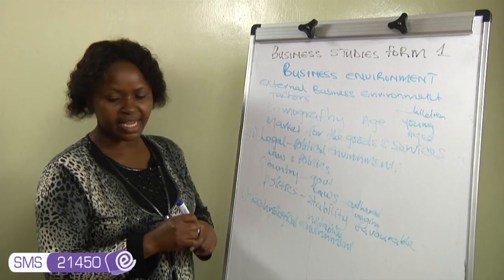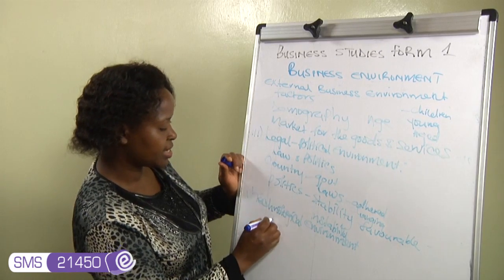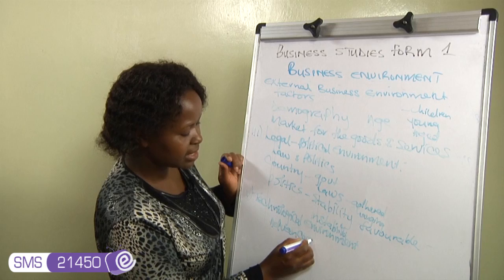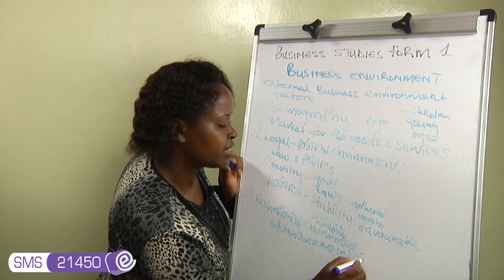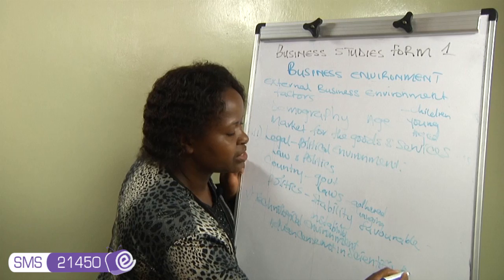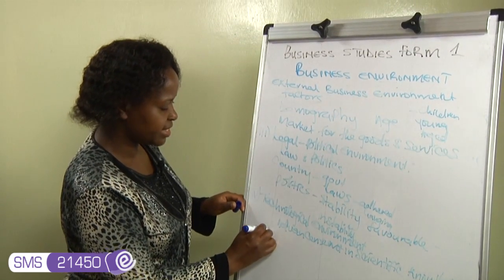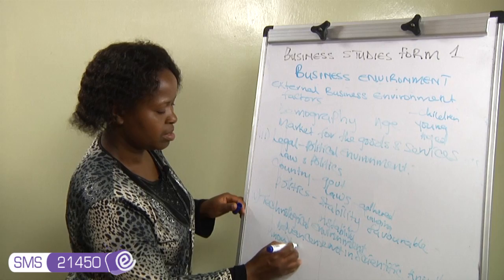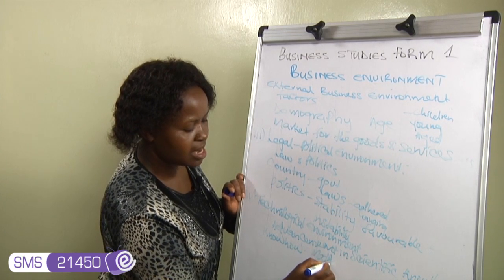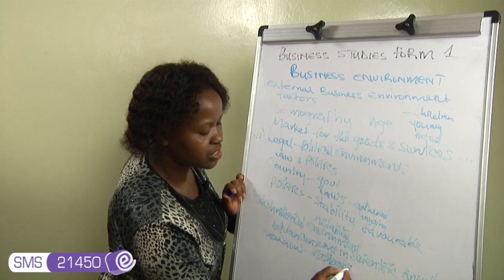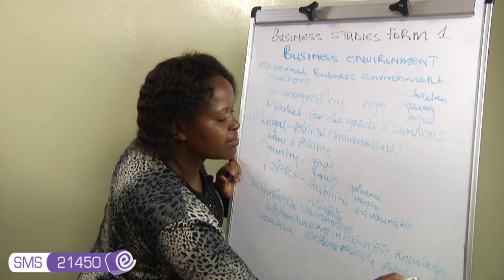And from the word technology, this refers to the advancement in scientific knowledge, or simply, technology is the know-how in regard to the methodologies used, the methods used in production of goods and services.